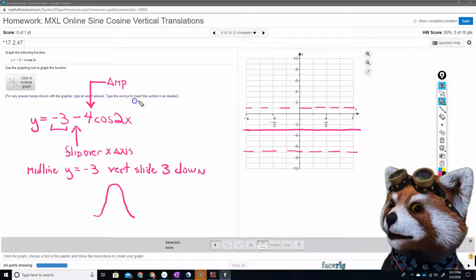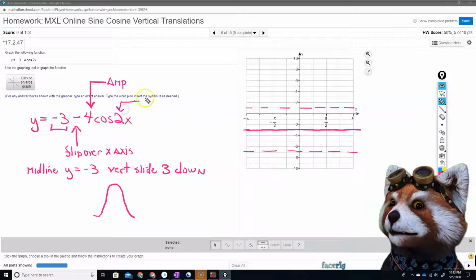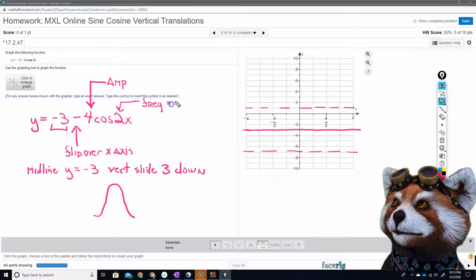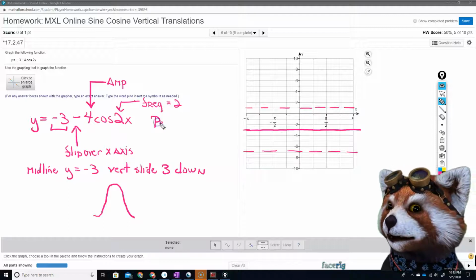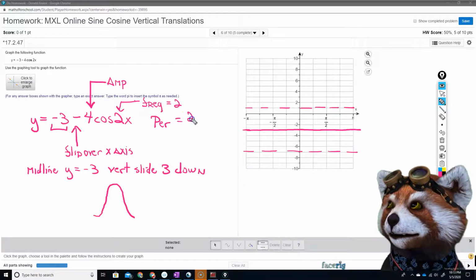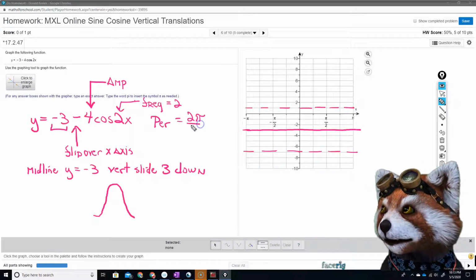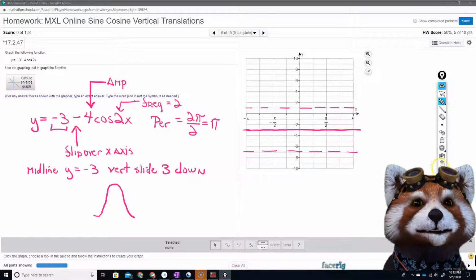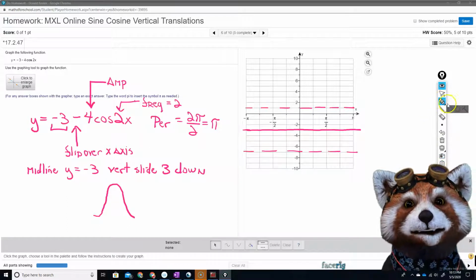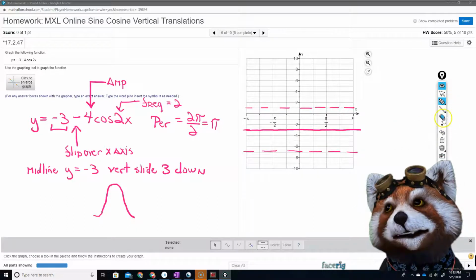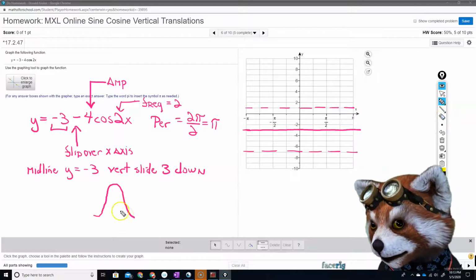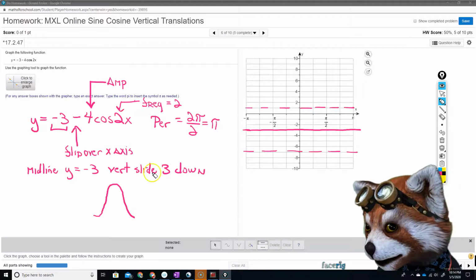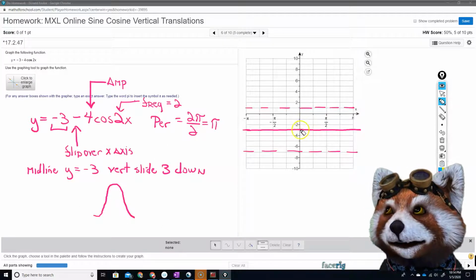Okay, and now our frequency is 2. So the period is going to be 2 pi divided by 2, which is pi. All right, so here's what that means. We're going to see one cycle, one of these, between 0 and pi.